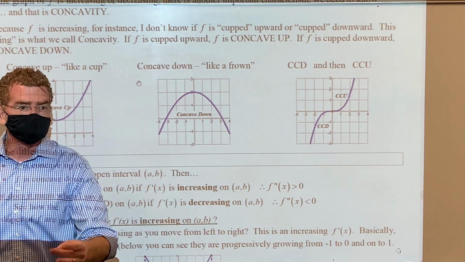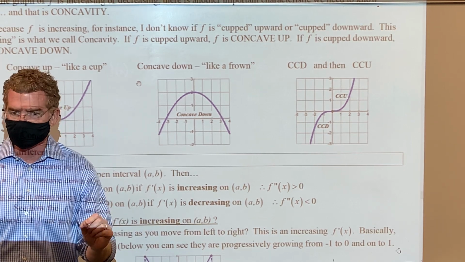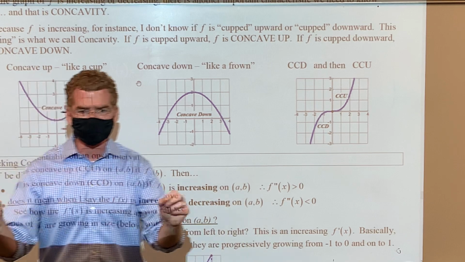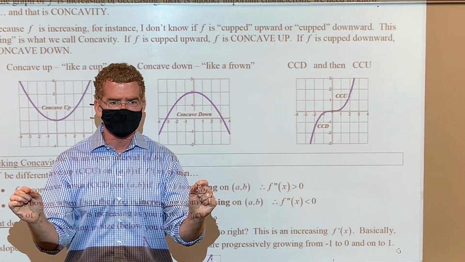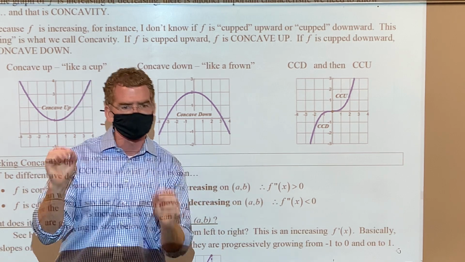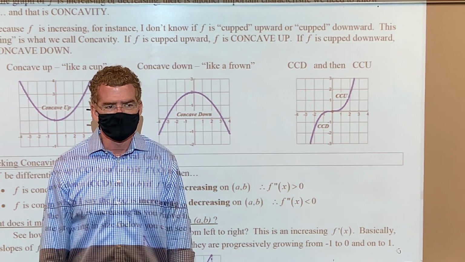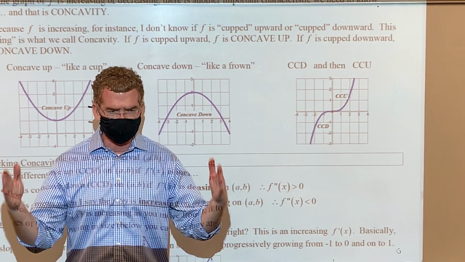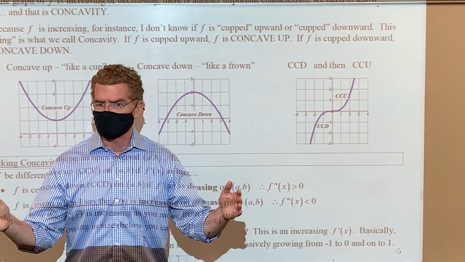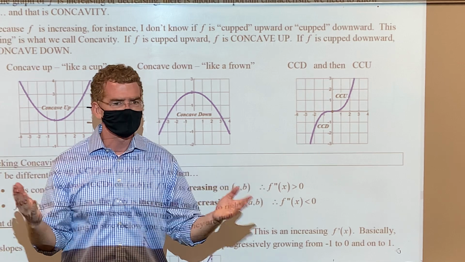And like critical numbers, if you find two critical numbers, can the graph be increasing and decreasing in between two? Or does it have to be just all increasing or just all decreasing? Between two critical numbers, can it do increasing and decreasing?